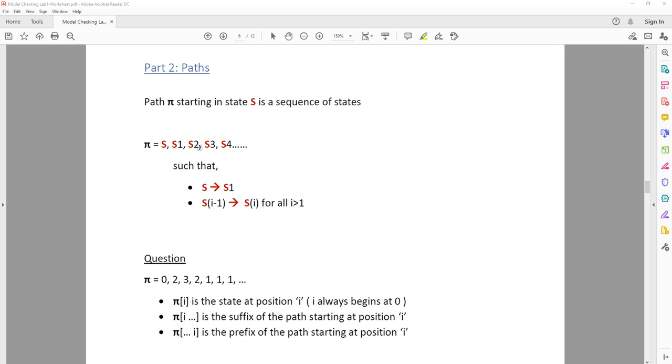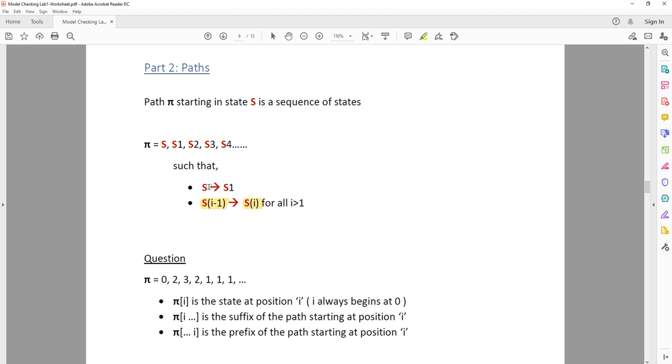So let's say this is i, 2, then 2 minus 1 is our previous state. That is our predecessor. This is the successor. Basically, every state that you can reach has a predecessor. That's all that's saying.